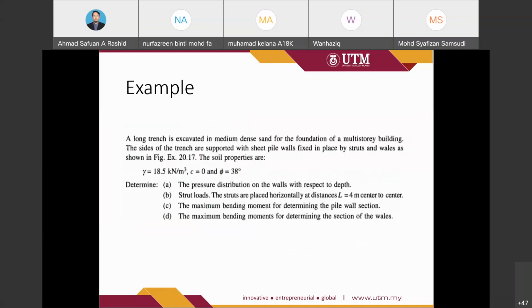A long trench is excavated in a medium dense sand for the foundation of a multi-story building. The sides of the trench are supported with sheet pile wall fixed in place by strut and wheel, as shown in figure 2017.